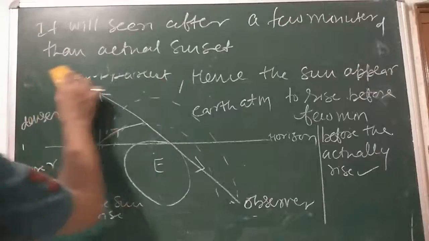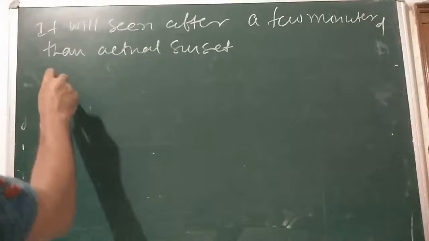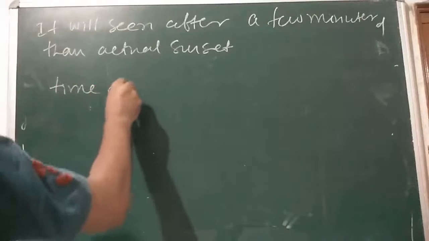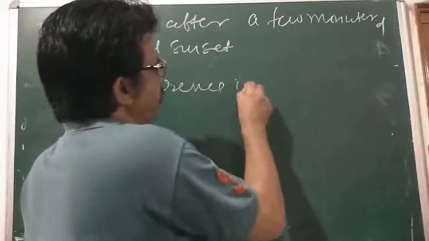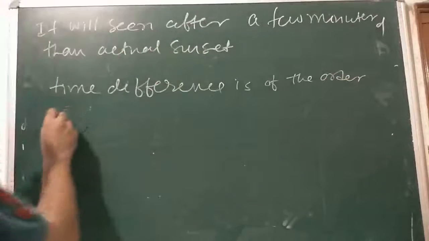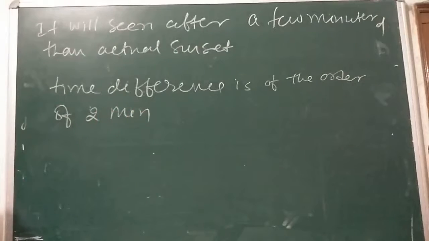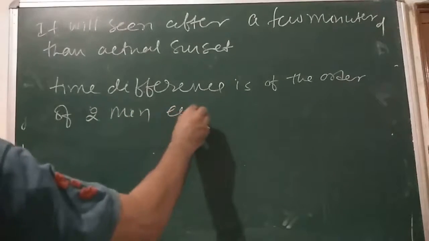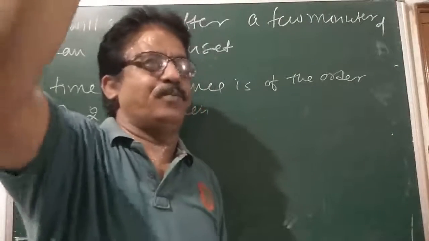So dear children, I can say, write down, hence the time difference is of the order of 2 minutes each. यानी कि सर 2 मिनट सुबह और 2 मिनट शाम को.